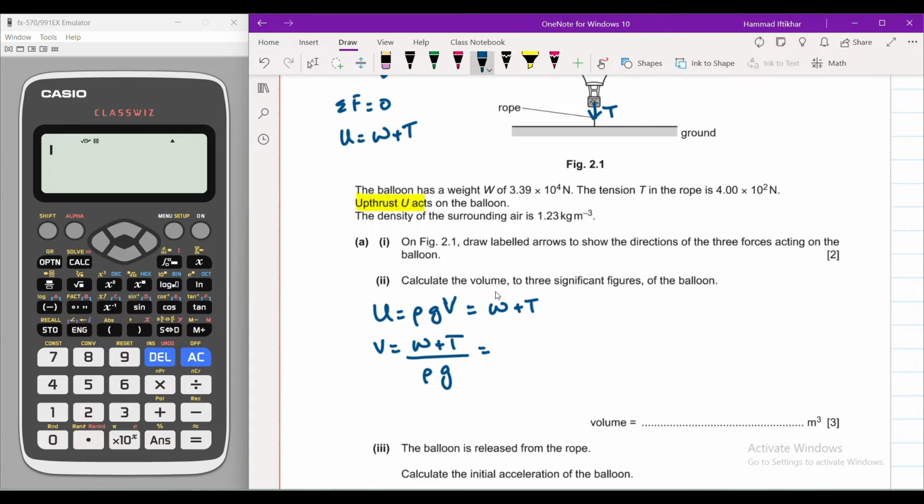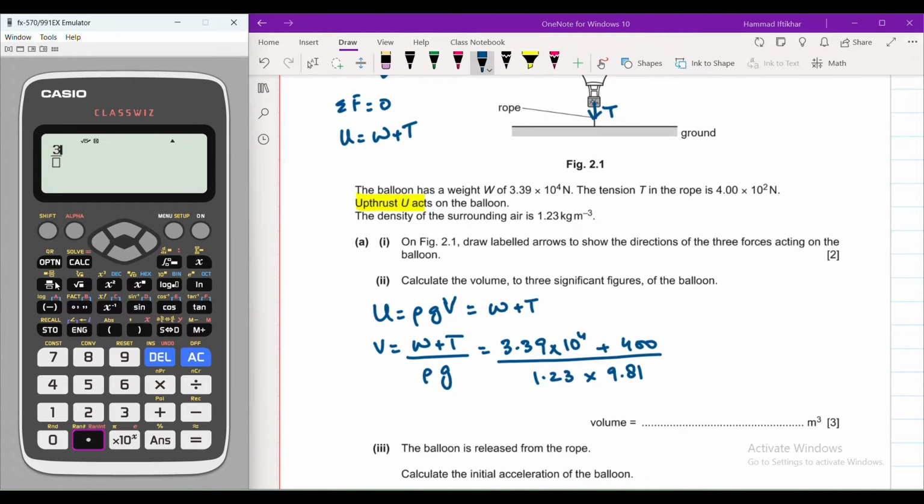So weight is 3.39 times 10 raised to power 4 plus tension 400, divided by rho, which is 1.23, times 9.81.